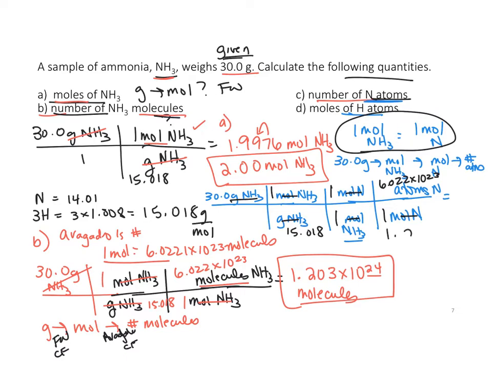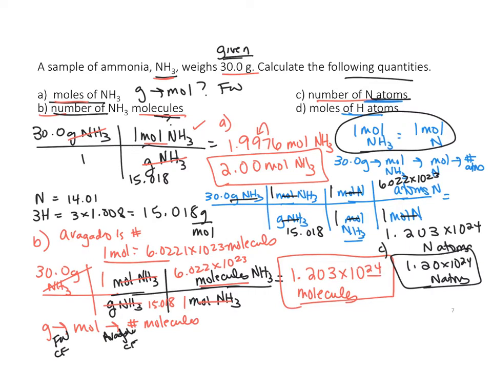Now I have 1.203 times 10 to the 24 nitrogen atoms, and you can even round that to 1.20 times 10 to the 24th nitrogen atoms. That's the answer for C.